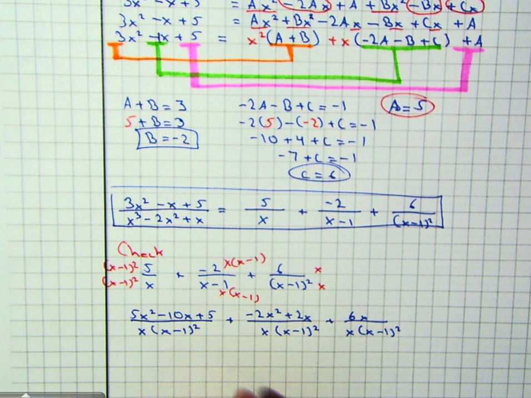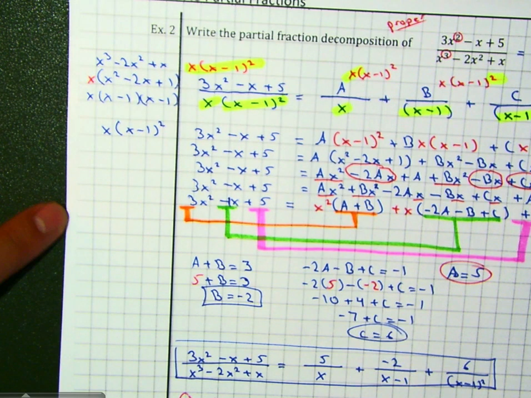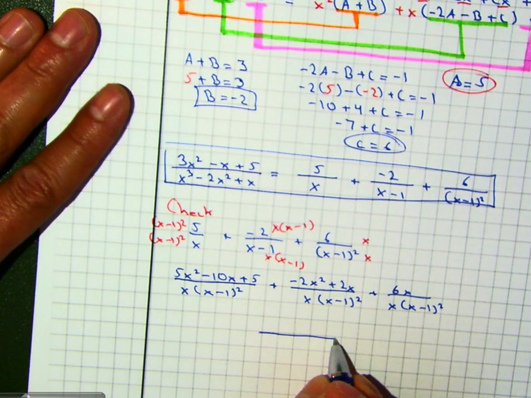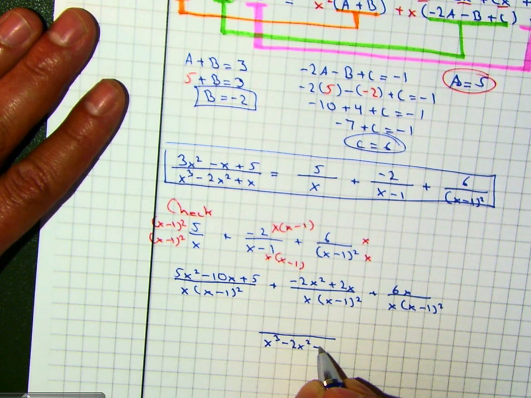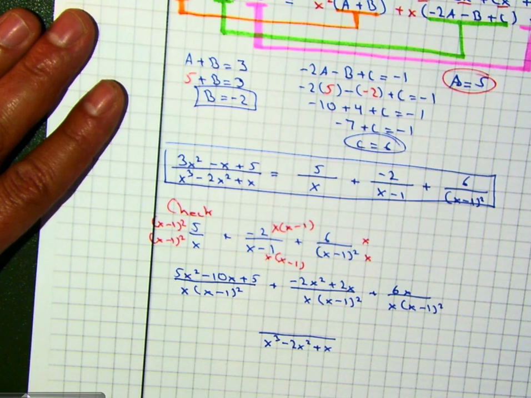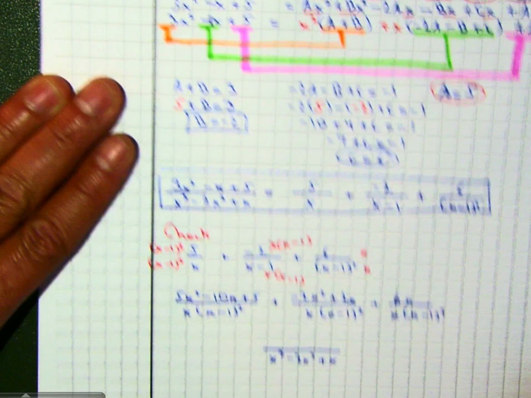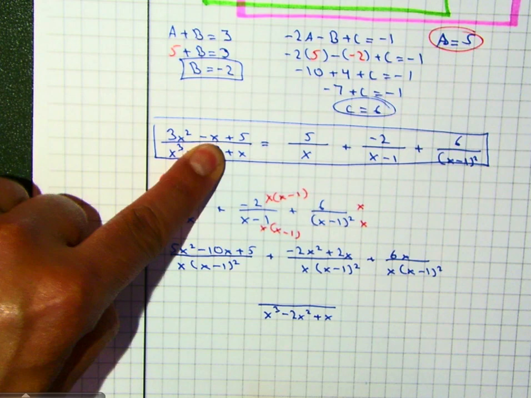Now I can multiply this out, but I already multiplied backwards. So therefore this should be x cubed minus 2x squared plus x, according to our previous work. I'm going to combine like terms, and if I did it correctly, I should end up with this expression here.